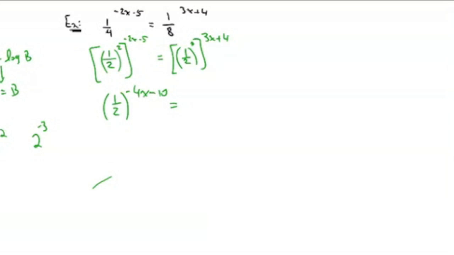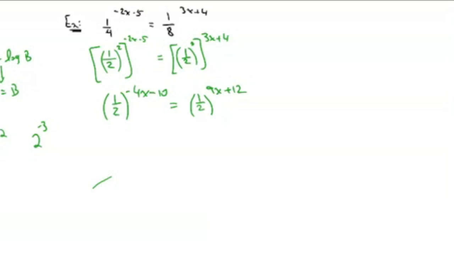Power to a power, you multiply. On the other side, it's a number raised to a power again. So you get 3 times 3x plus 4, and you get 1/2 raised to the 9x plus 12 when you multiply those exponents together.